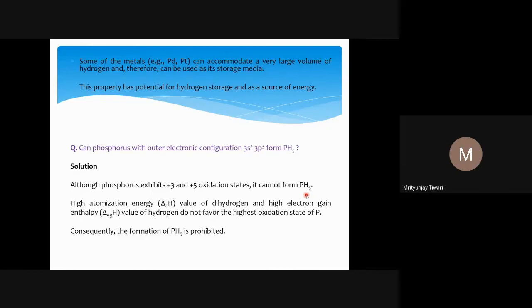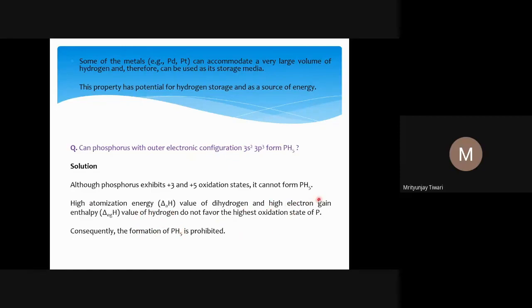Since hydrogen is a non-metal, its electron gain enthalpy is also high. Electron gain enthalpy means the energy that is released when one electron is accepted by an element in its gaseous form.